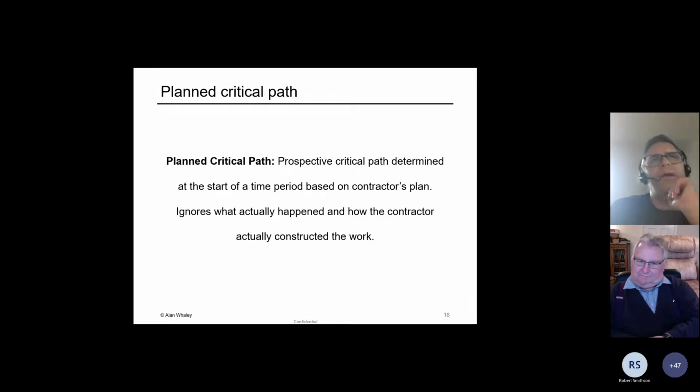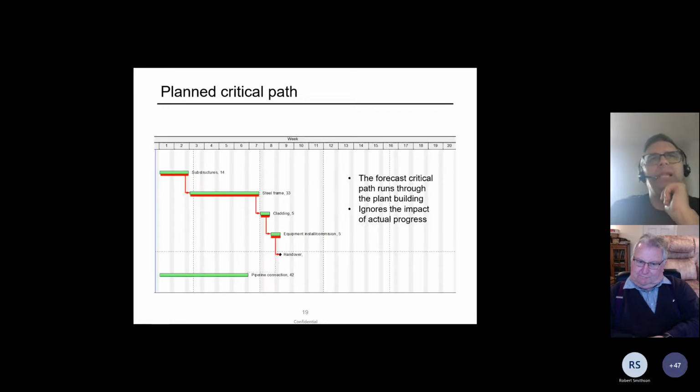So the first type of critical path is the planned critical path. It's quite obviously the critical path planned at the beginning of a period or the entire project. So pretty straightforward. What you can see on the screen is a very simple project for the erection of a structure into which we're going to connect a pipeline.